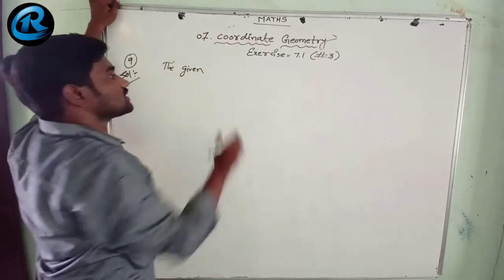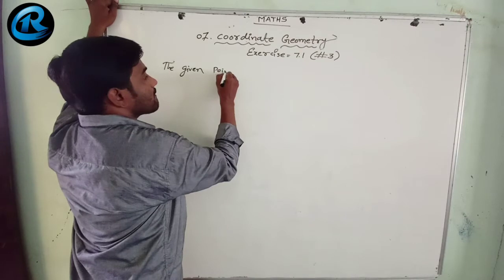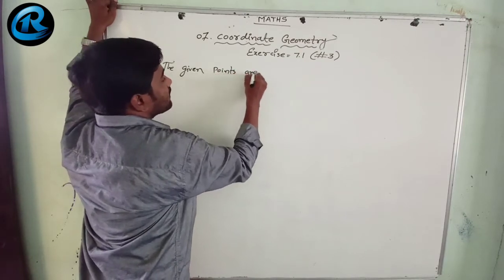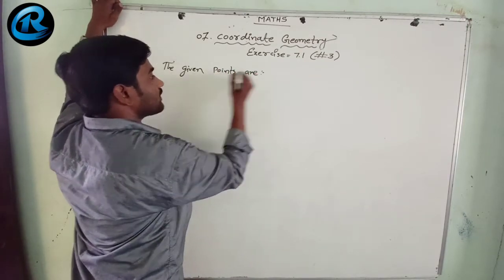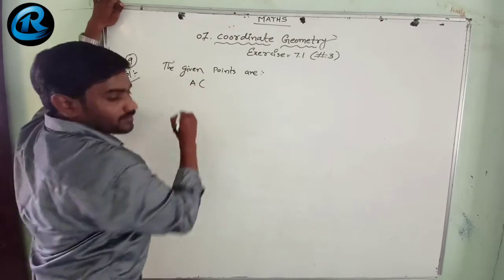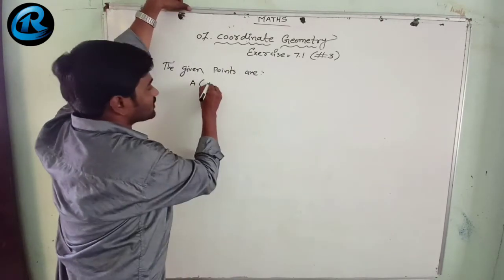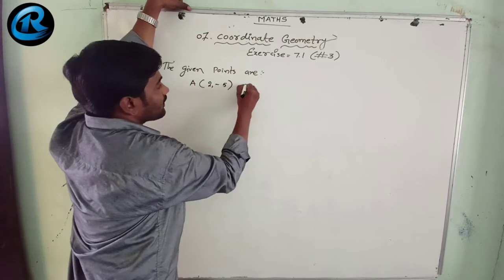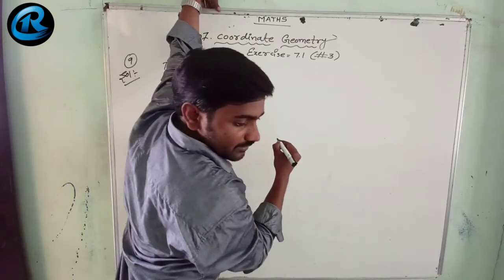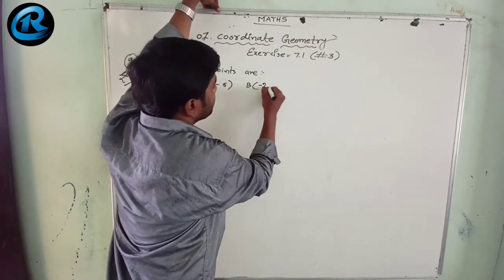The given points here are A, that is 2 comma minus 5, and B, that is minus 2 comma 9.